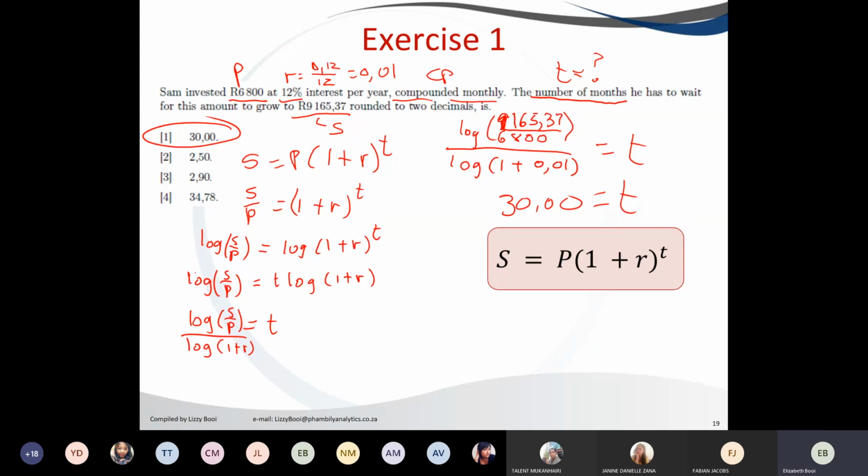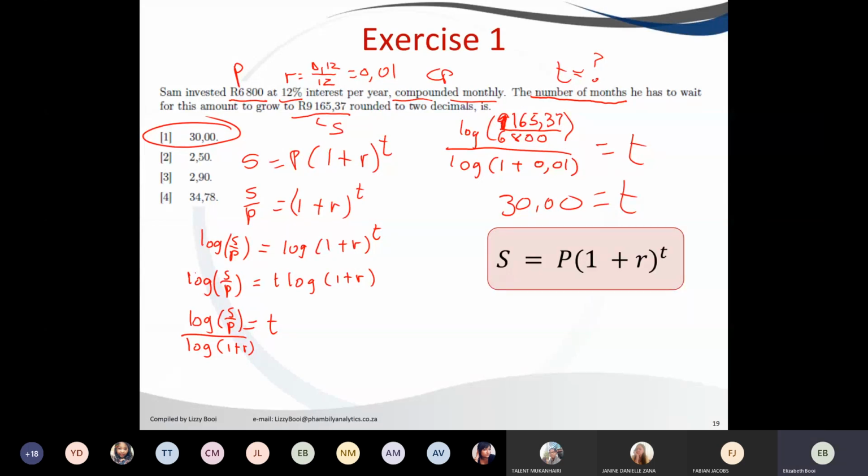And those who are using the Casio, you must look for the log function somewhere on the function buttons at the top. It's usually somewhere around the line, sometimes closer to the far right-hand side of the functions on your calculators.